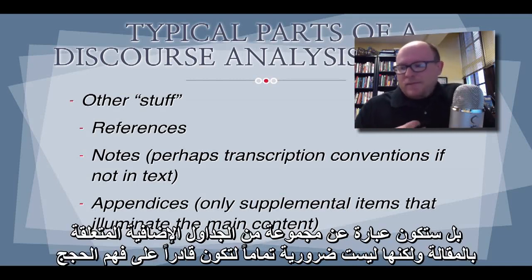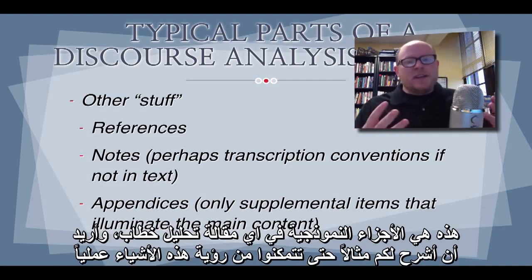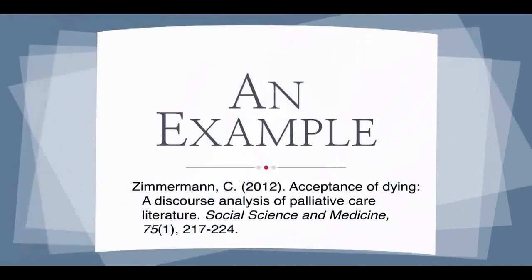You want to have extra tables that are related but not completely necessary for being able to understand the argument. So those are the typical parts of any kind of discourse analysis article. I want to give you an example so you can see these things in process.